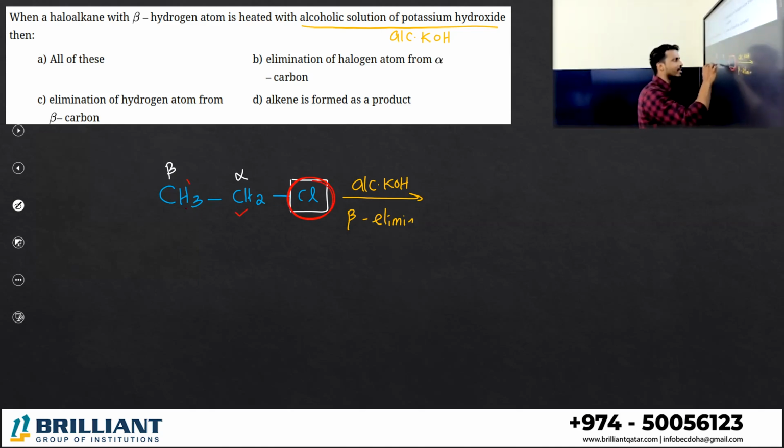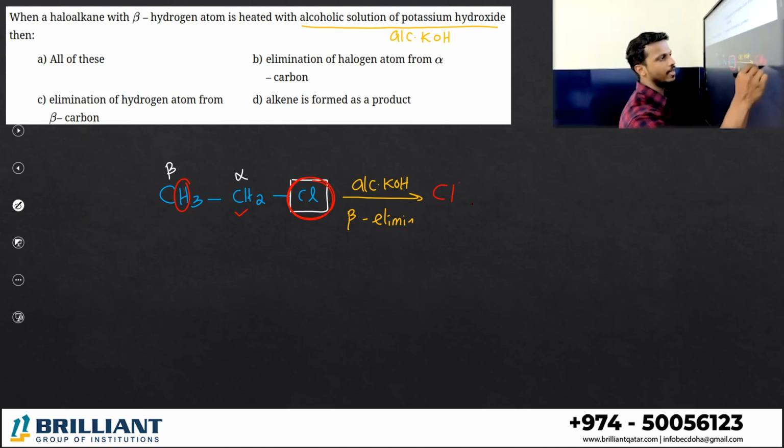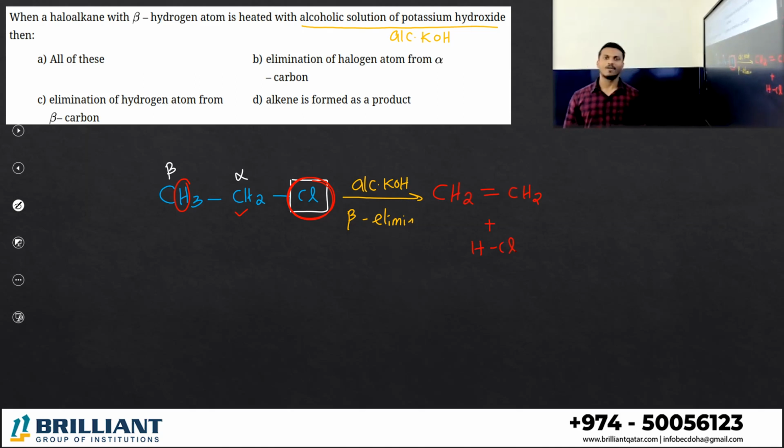Take a hydrogen from beta carbon, eliminate HCl and make a double bond between alpha and beta carbon. That's it. Take a chlorine from alpha carbon, take one hydrogen from beta carbon, make a double bond between alpha and beta. Your product will be CH2 double bond CH2 with HCl. Correct. This is what is happening in beta elimination.